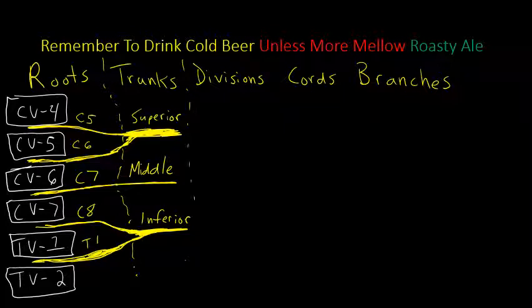Next comes the divisions. Now there are anterior and posterior divisions extending from each of the trunks in the brachial plexus. I'm going to use green in order to draw the posterior, and I will use red in order to draw the anterior divisions.